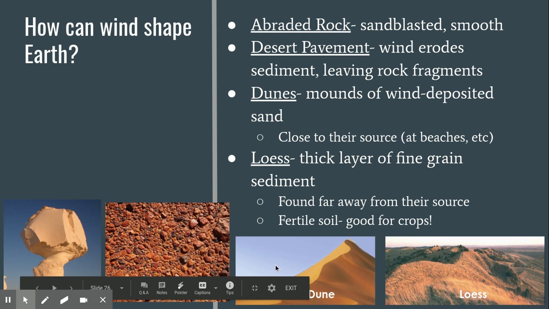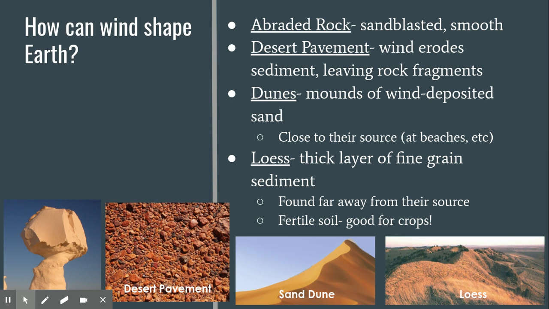This is the direction of the wind. So the wind is going to be blowing, in this example, from left to right. So this is a gentle slope here. And then the back is a little bit steeper, and that's what we call the slip face. We usually find sand dunes pretty close to where you find the sand, like at a beach or in a sandy desert like the Sahara.